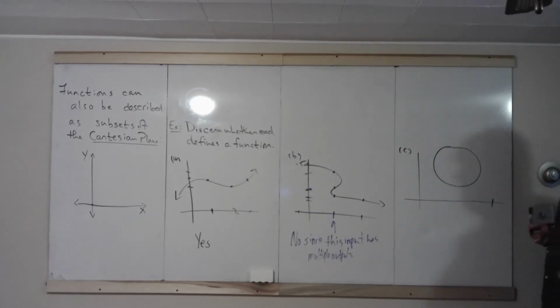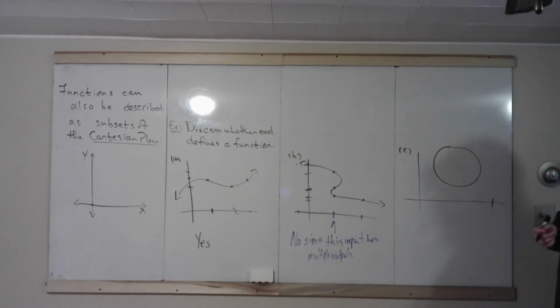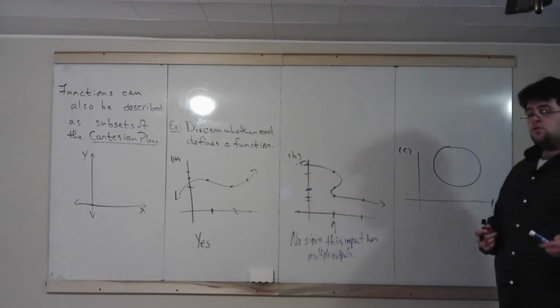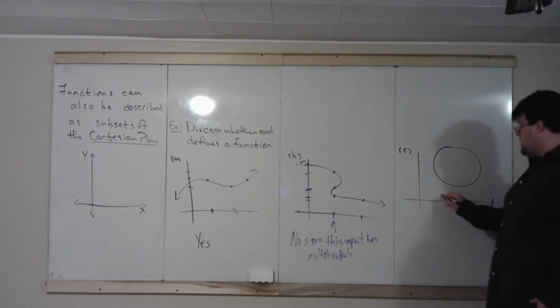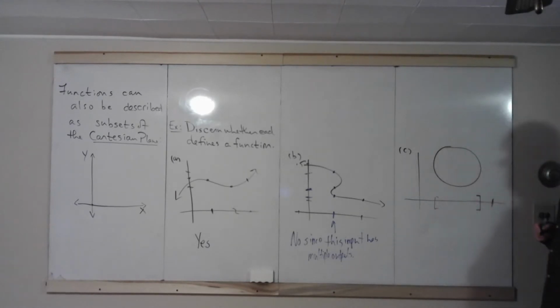Does that prevent it from being a function? No, it doesn't. The rule for a function says that each input has exactly one output. This input here, well, it's not even an input, you could say. The only inputs here, notice, are between those.